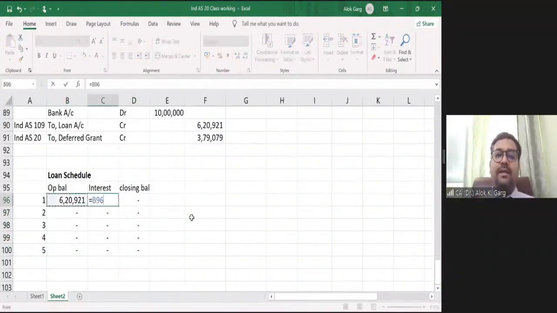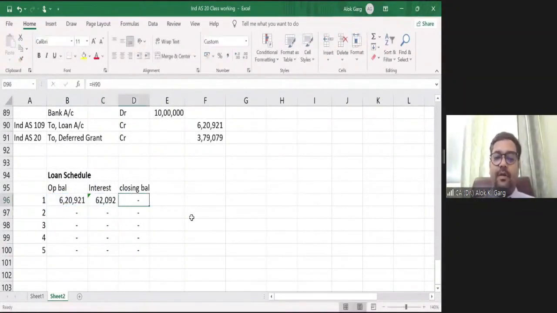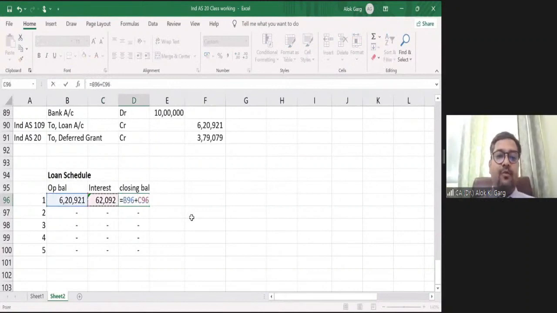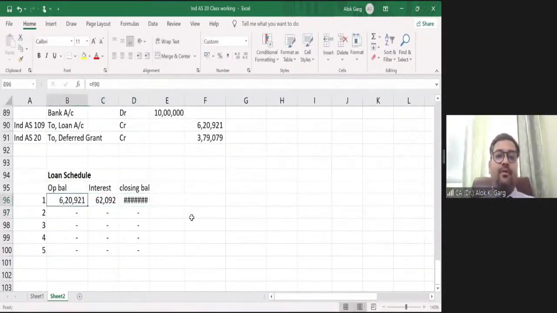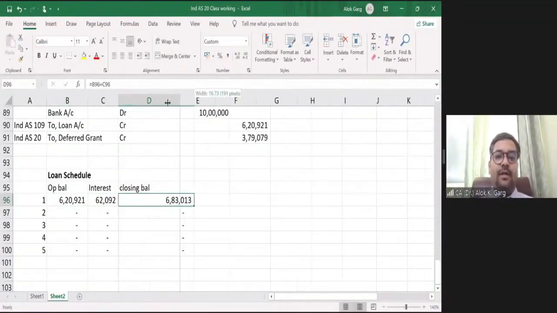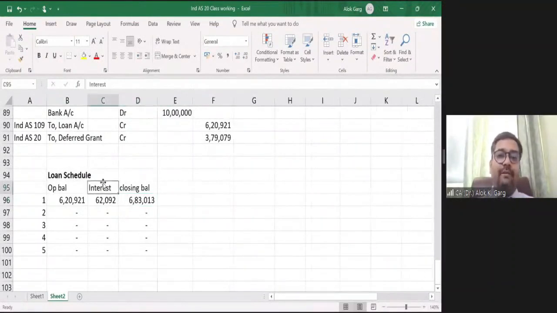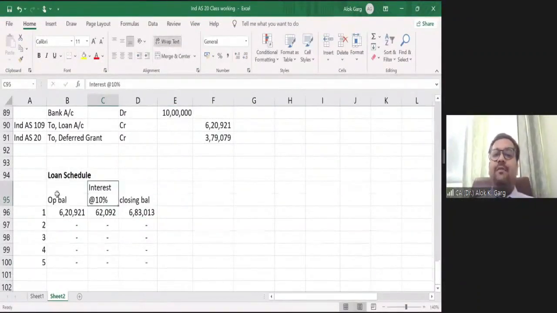What is the interest? The interest is 62921 multiplied by 10% in the first year. Then what is the closing balance? The closing balance is 62921 plus the interest. The interest has to be calculated at the market rate of interest, 10%. I am just doing this Ind AS 109 accounting, guys.